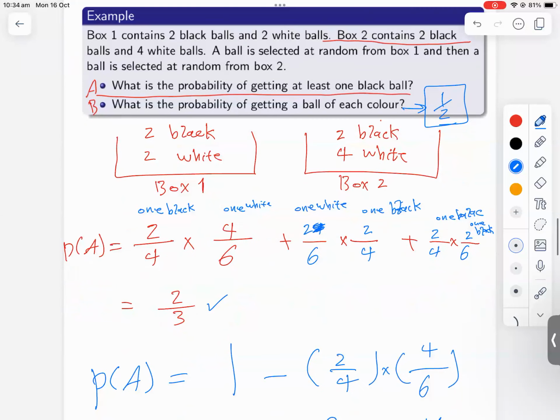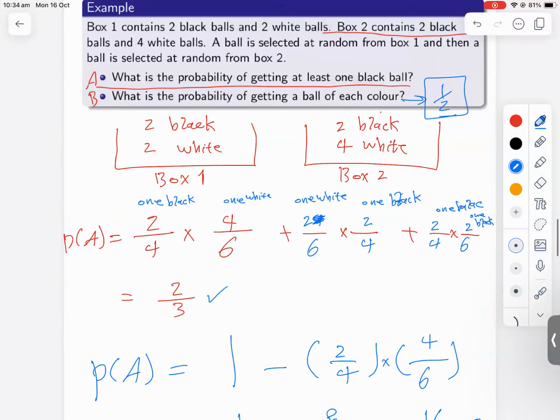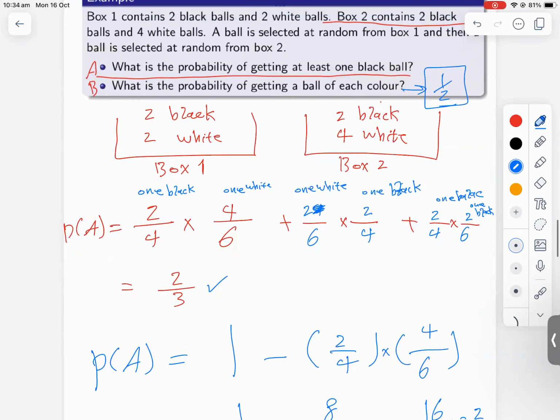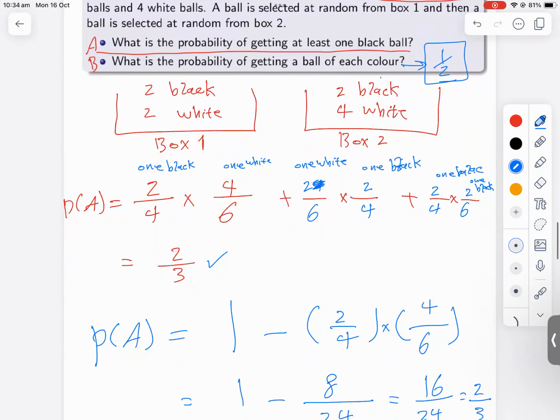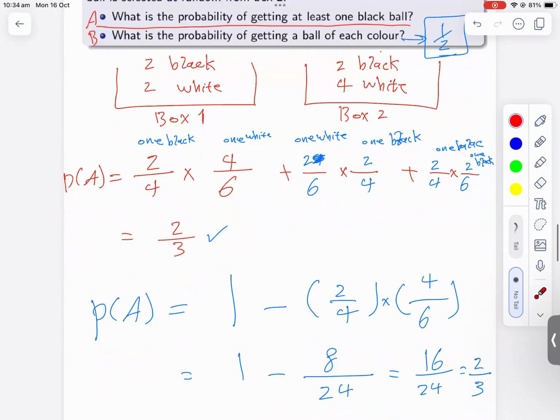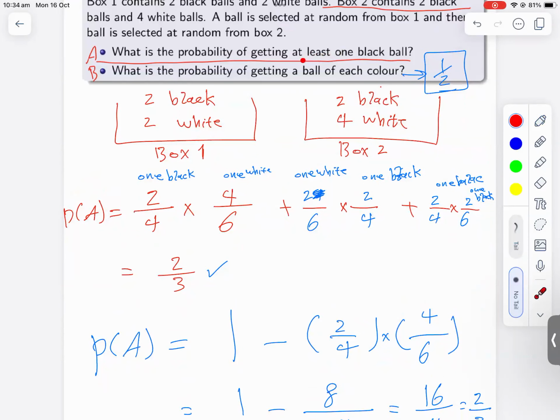But we can use the complement probability. So it will be the probability of the whole scenario minus no black ball. It means the first one white, 2/4, times the second one white as well, 4/6.